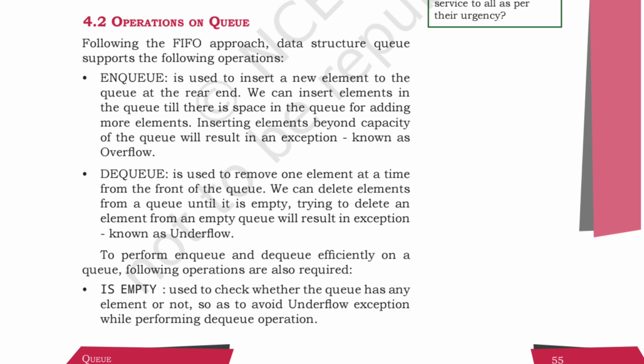Trying to delete an element from an empty queue will result in an exception, that is underflow. Understood? If we want to remove something, only if the queue is not empty can we remove it. Otherwise it will show an exception like underflow.